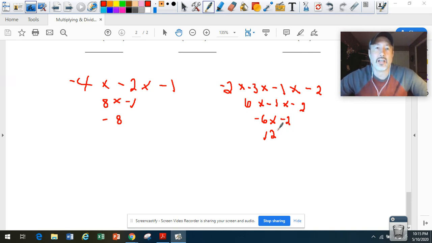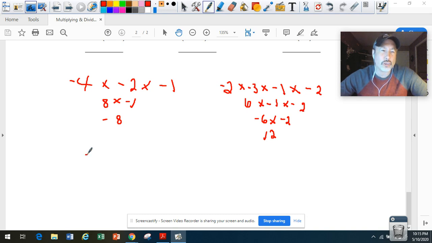So here's how that rule is going to work. If you have an even number of negatives, your answer is always going to be positive. Here I have 4 negatives, and my answer is positive. I have 3 negatives here, so if I have an odd number of negatives, my answer is always going to be negative. Think about this.